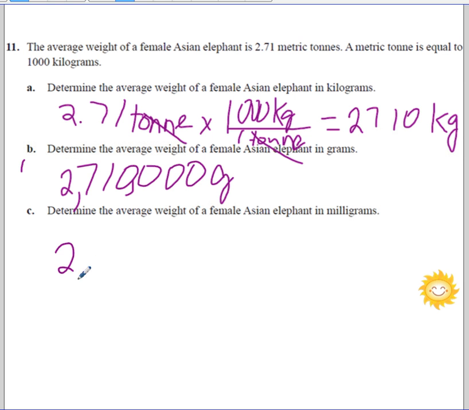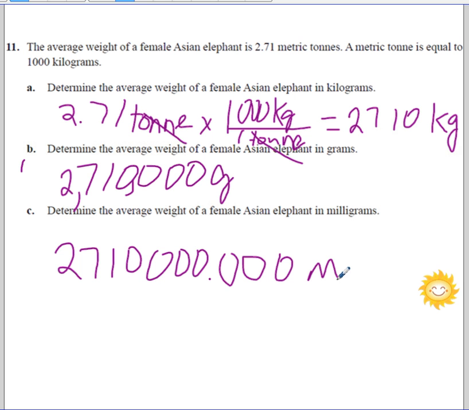And so we have 2,710,000, again, and here's our decimal, so we're moving 3 spaces to the right by adding 3 more zeros, and now we have it in milligrams. So 2,710,000,000 milligrams, the average weight of a female Asian elephant.